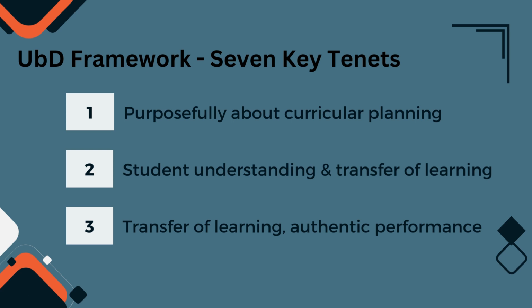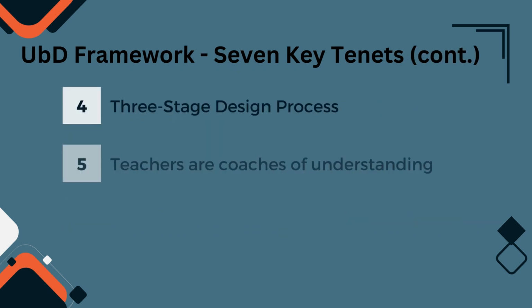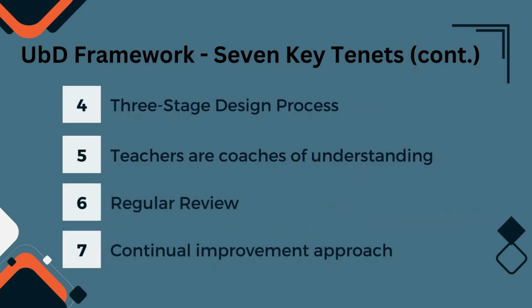There are six facets of understanding, which include the capacity to explain, interpret, apply, shift perspective, empathize, and self-assess. And these can serve as indicators of understanding. Effective curriculum is planned backward from long-term desired results through a three-stage design process: desired results, evidence, and learning plan.